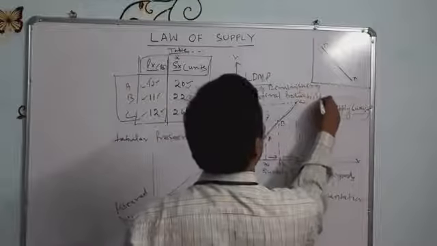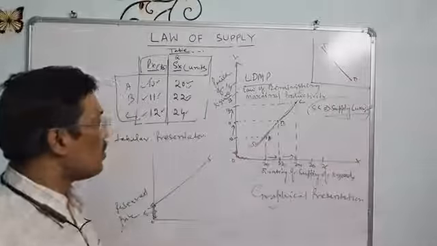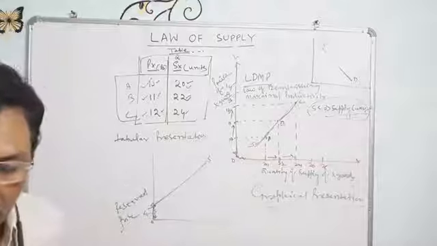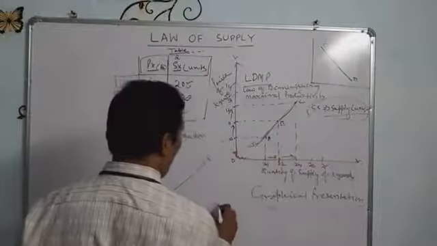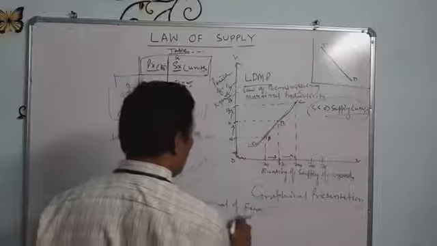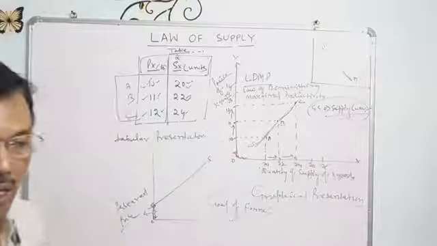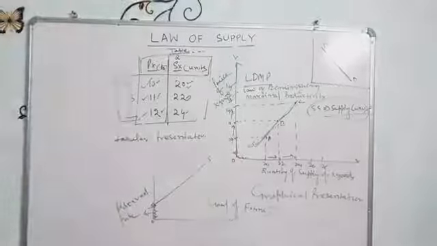We are already clear about that in the law of variable proportions, the second stage, the law of diminishing marginal productivity. And the third one is the goal of firms. That is why the supply curve moves upwards from left to right.